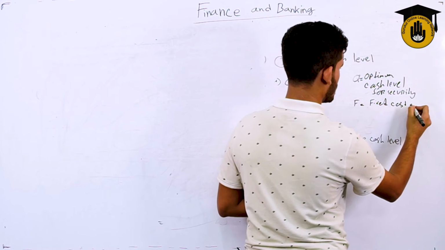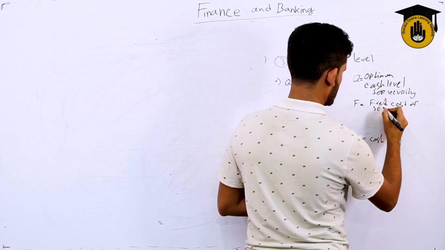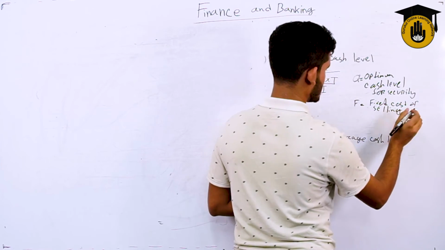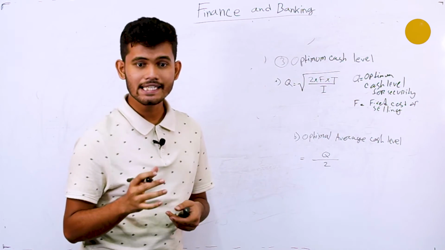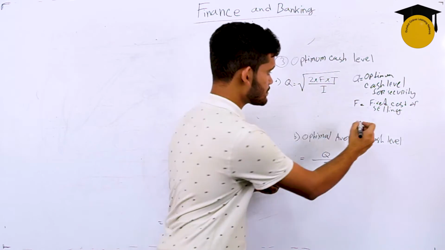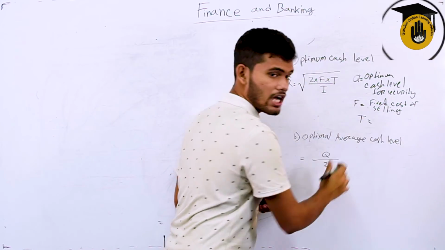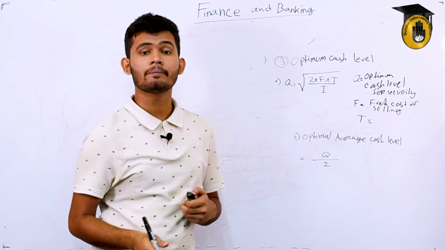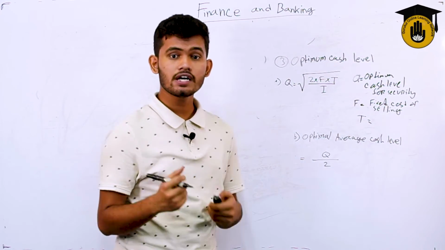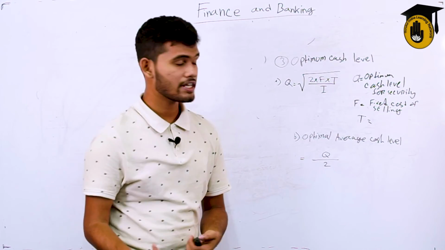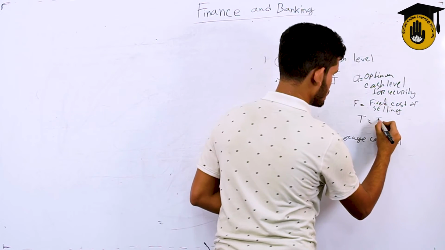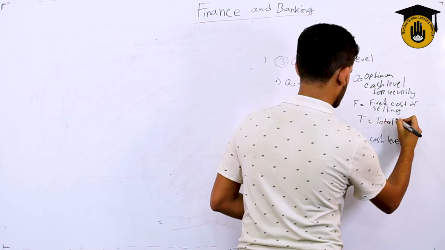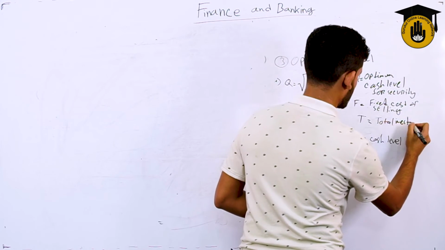Fixed cost of selling. T indicates total cash requirement, the total amount of cash required for the business or the investment, or total invest.